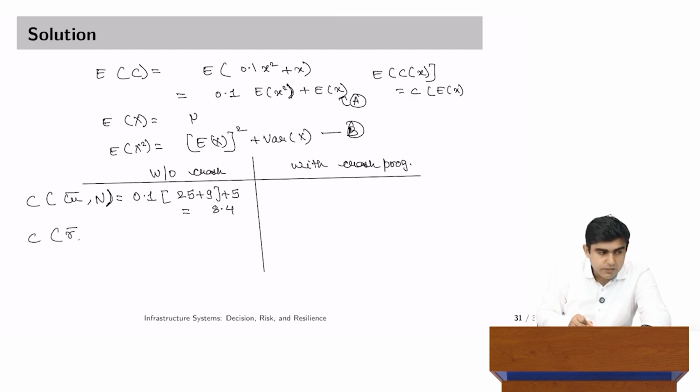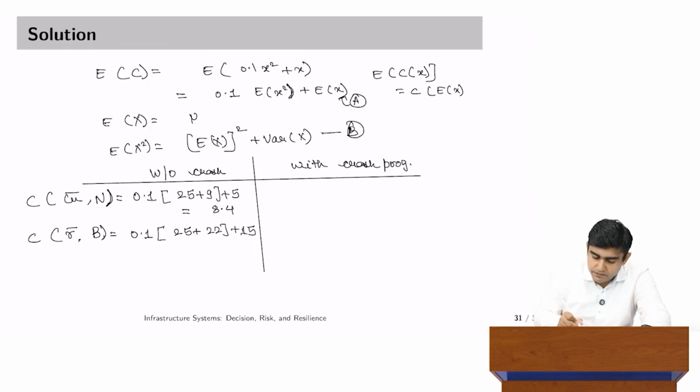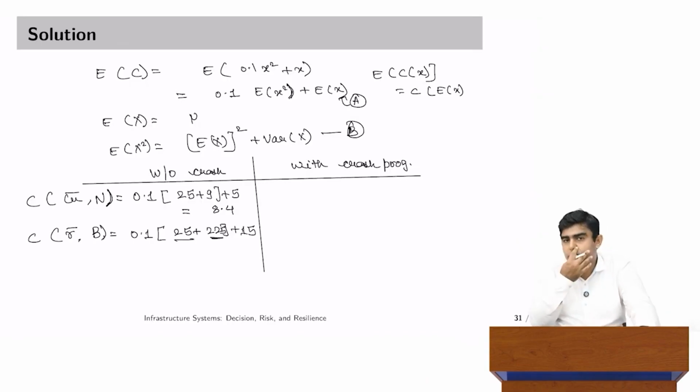Cost of crash program when bad weather prevails is 0.1 into 25 plus 225 plus 15, because square of 5 becomes 25, square of 15 becomes 225. So, that is why I have 25 plus 225 plus mean added, which was A, and this entire term is multiplied by 1.